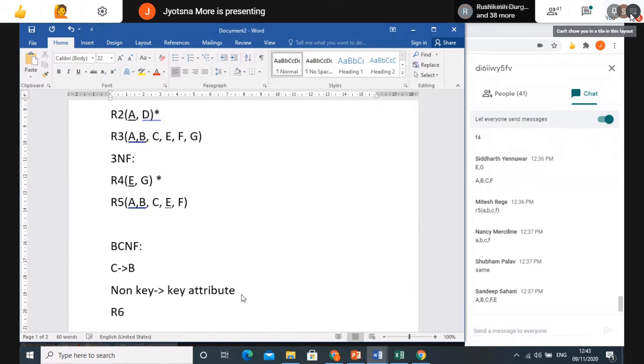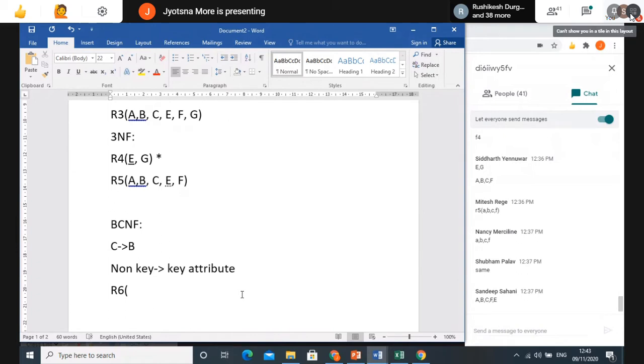So our R6 and R7 will be. R6 will be, in this case, C determines B, right? So C and B, where C is determining B. So we'll make C our primary key for this relation.